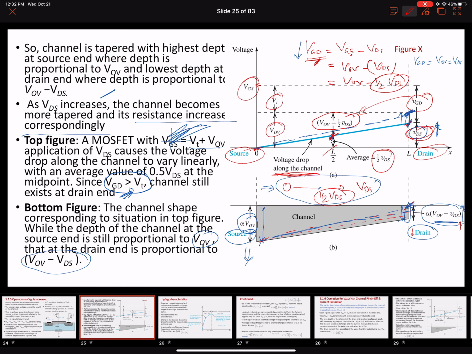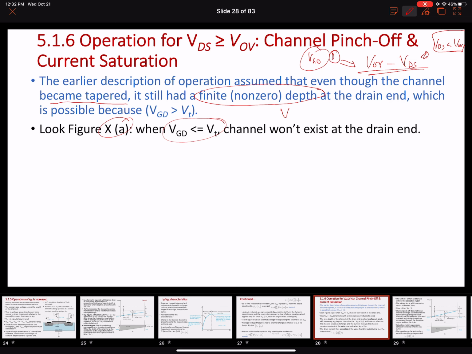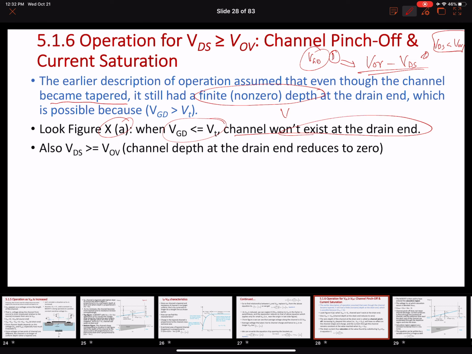Coming back to the same plots, this is the effective voltage appearing at the drain end, which is VGS minus VDS, or VOV minus VDS. Once that becomes zero, this blue line will hit this point, the effective voltage at the drain will become 0, and the channel will be pinched off. So the channel won't exist at the drain end.